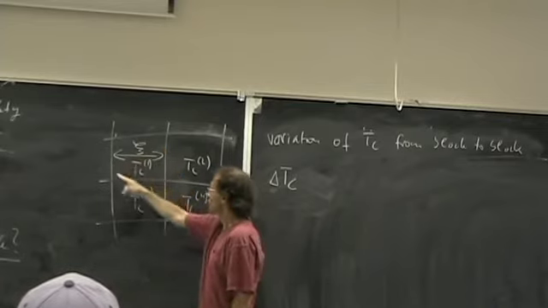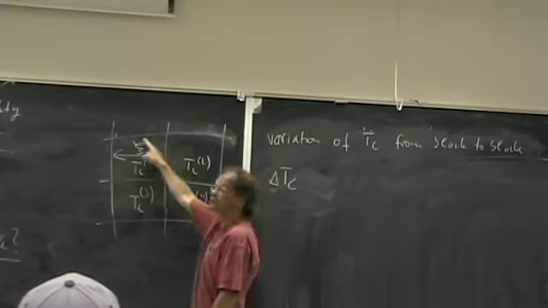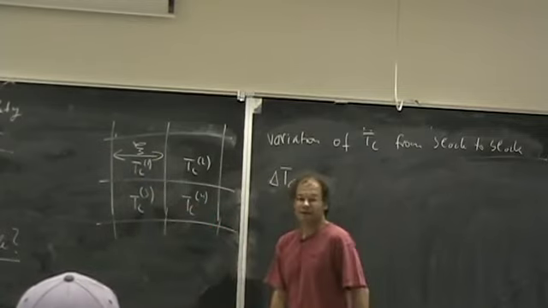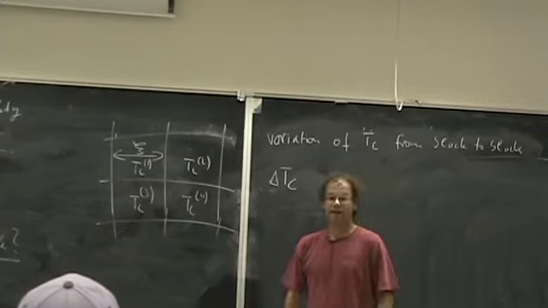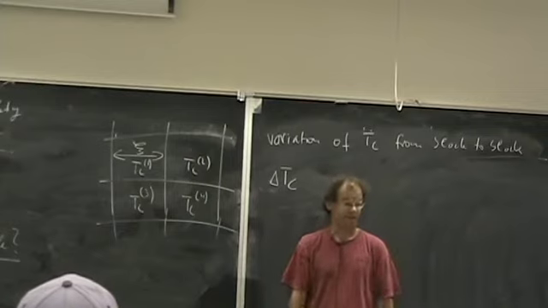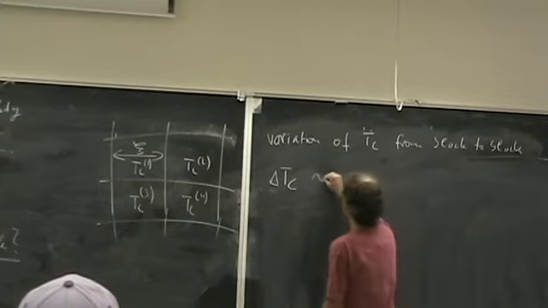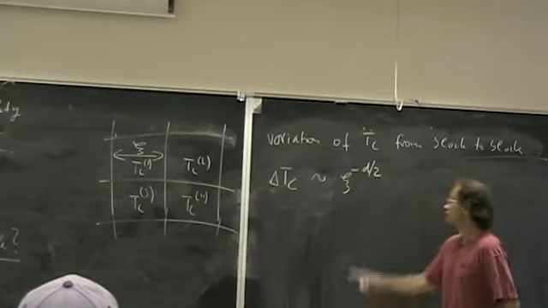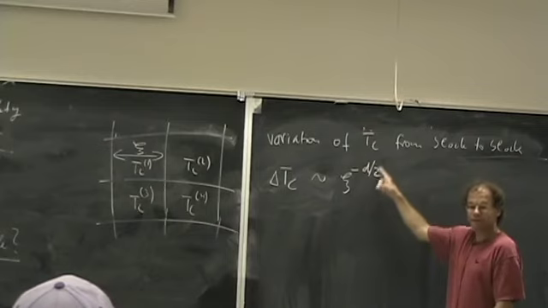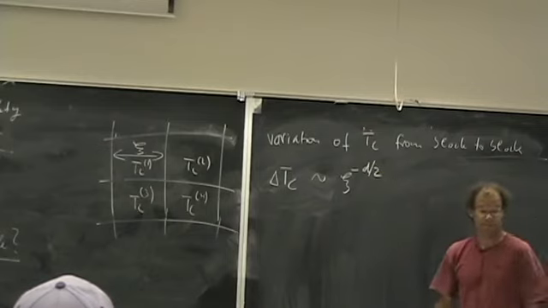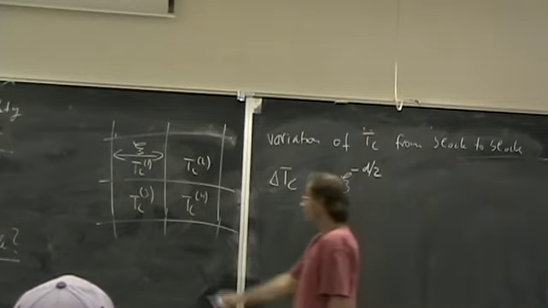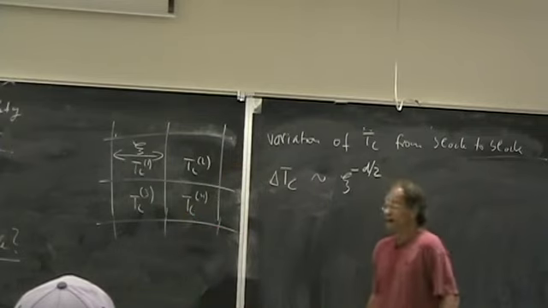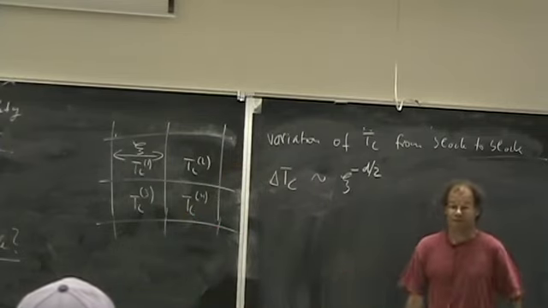So what you need to do is average the coupling strength over this volume, and then the central limit theorem tells you that the fluctuations of this average go down like 1 over the square root of the size, right? So that means this will go like psi to the minus d over 2, right? Psi to the minus d is the inverse volume and the square root comes from the central limit theorem. So the variations between the blocks get smaller as we make the blocks larger, right? That's intuitive, I think, right?